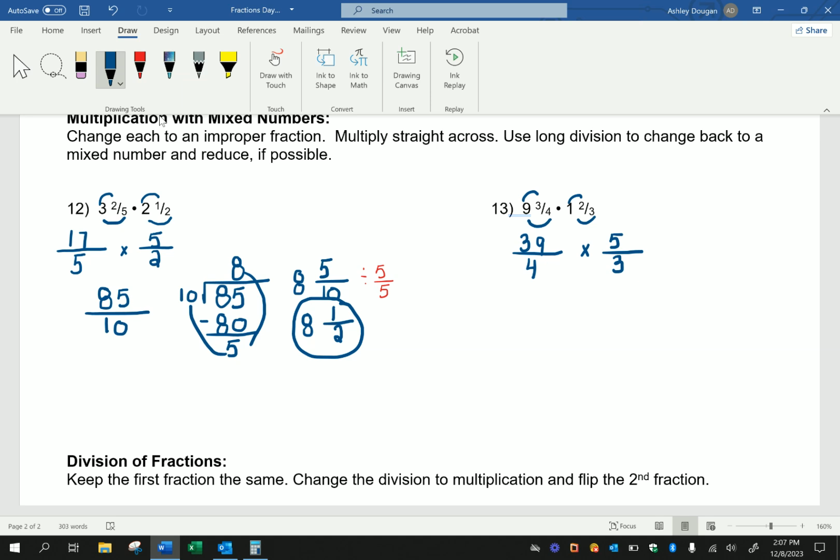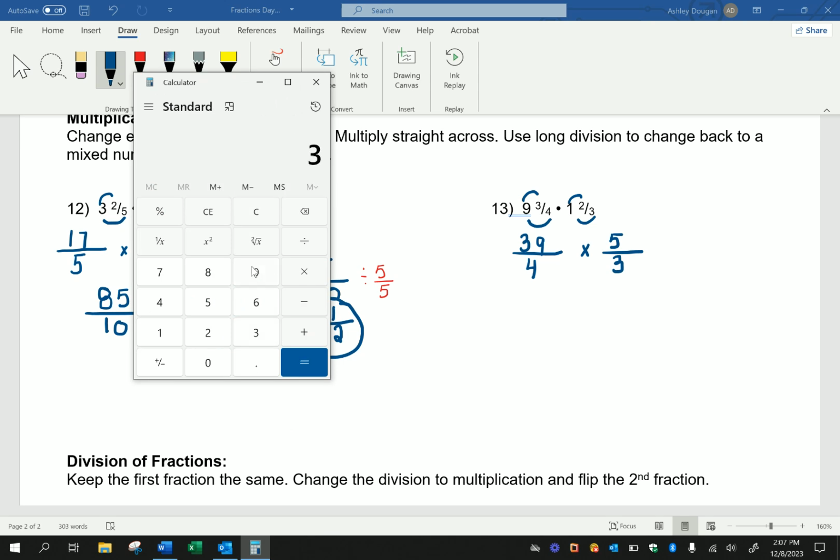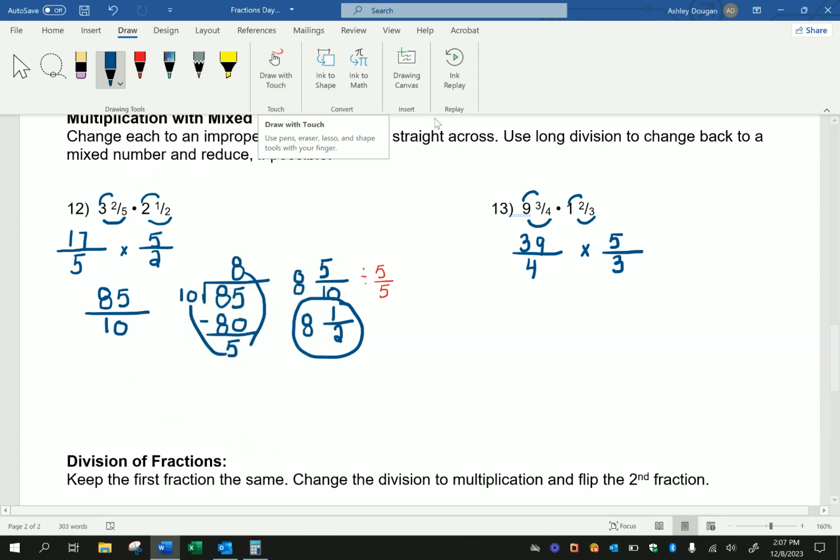I multiply straight across. 39 times 5 gives me 195. So I have 195 in the numerator, and then 4 times 3 is 12, and so 12 is my denominator.